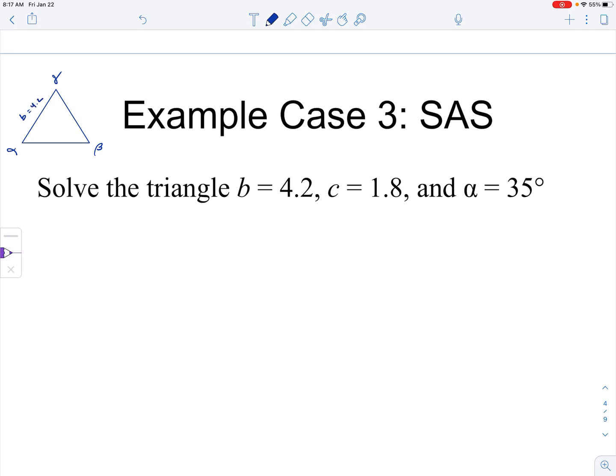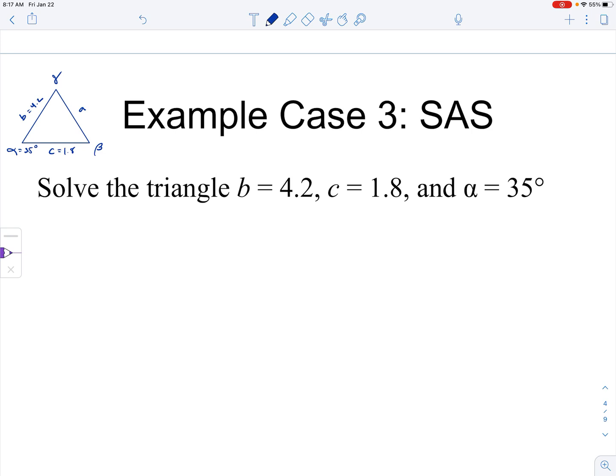It looks like we are given that side B is equal to 4.2, side C is equal to 1.8, and angle alpha is equal to 35 degrees. So we need to solve for beta, gamma, and side A.